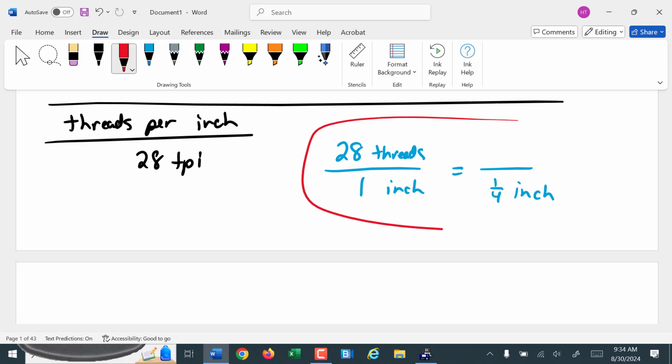But let's say we need to advance a nut onto that bolt a distance of 1/4 inch. This setup where we have two ratios or two rates that are set equal to each other is called a proportion.